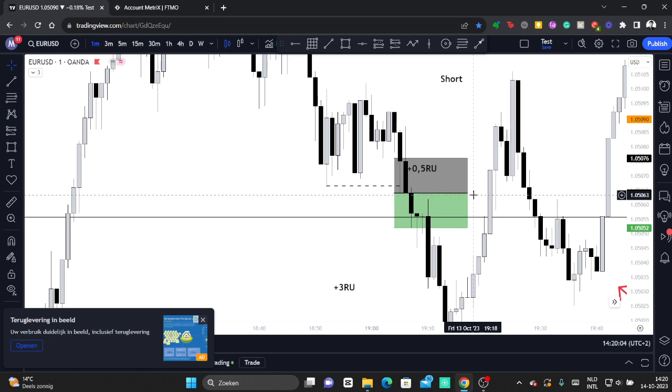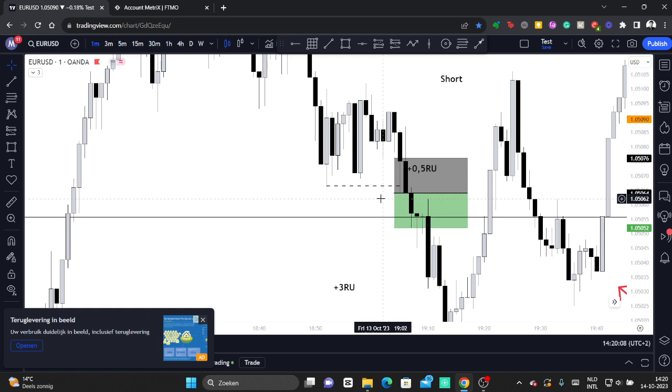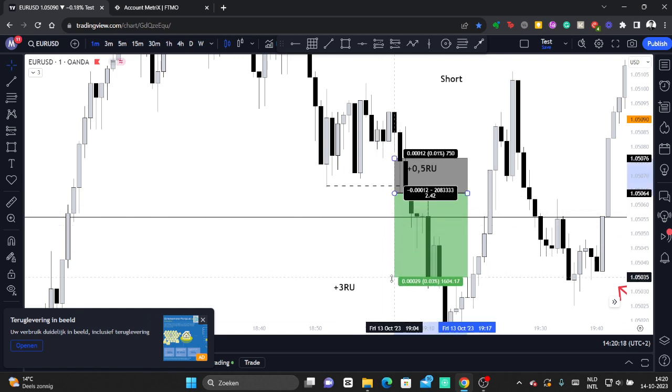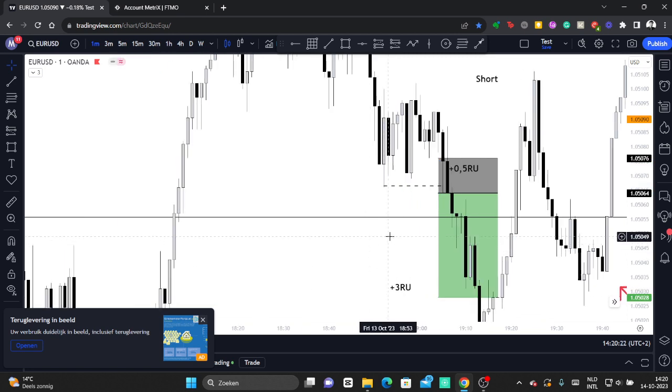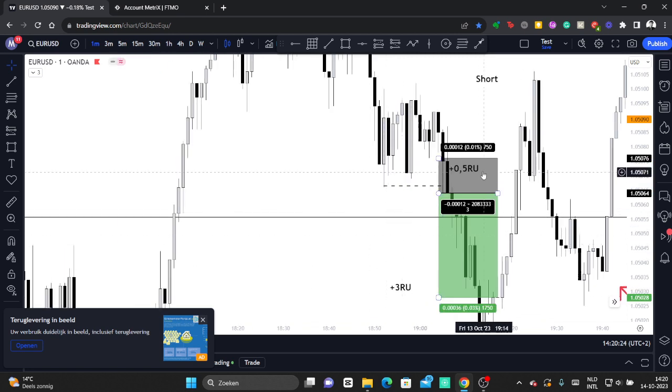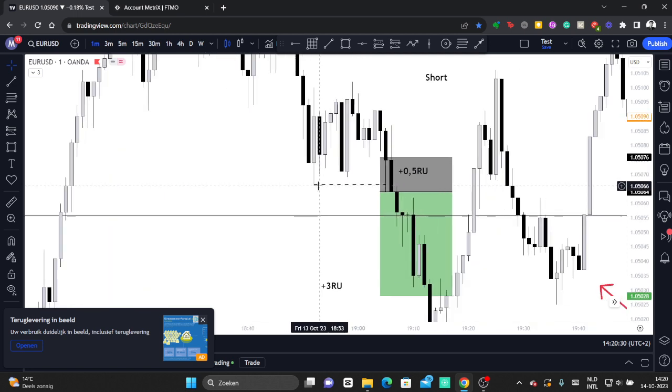So I moved my stop loss a bit beyond that, and because of that I got stopped out on this particular candle. And if I had not been stopped out, this would have easily been a 3R trade. So that would have been a great start of the week, no, end of the week. But unfortunately, it did not work out.